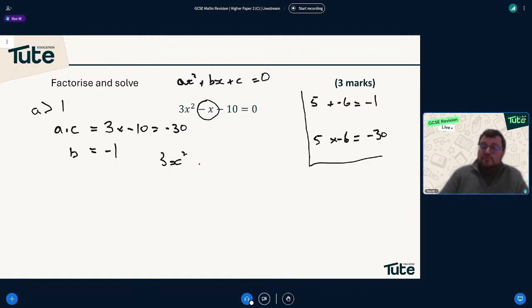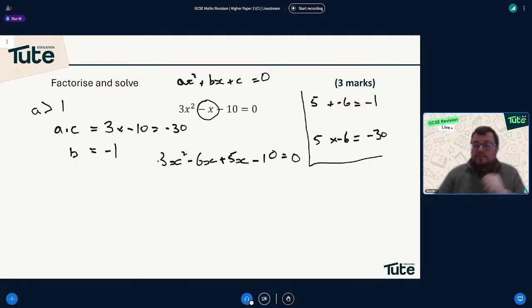I can only think of 1 as the highest common factor between them. So it's going to be 3x squared, take away 6x. That's handy because 3 goes into 6. Plus 5x, take away 10. Oh, another handy one, 5, 10. Okay. And I have to put it as equal to 0.